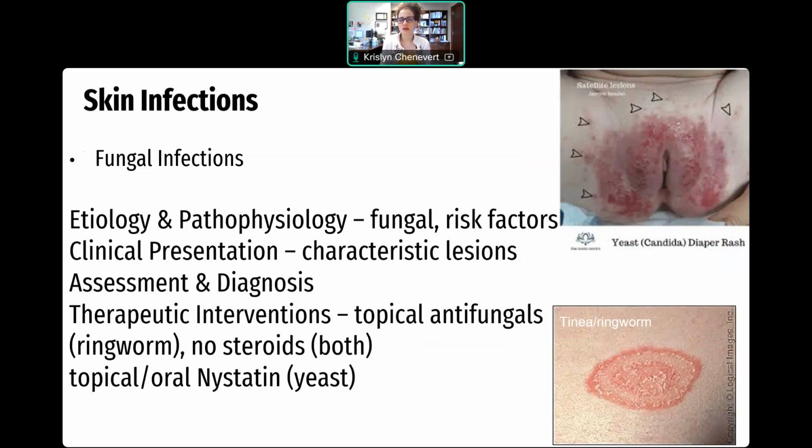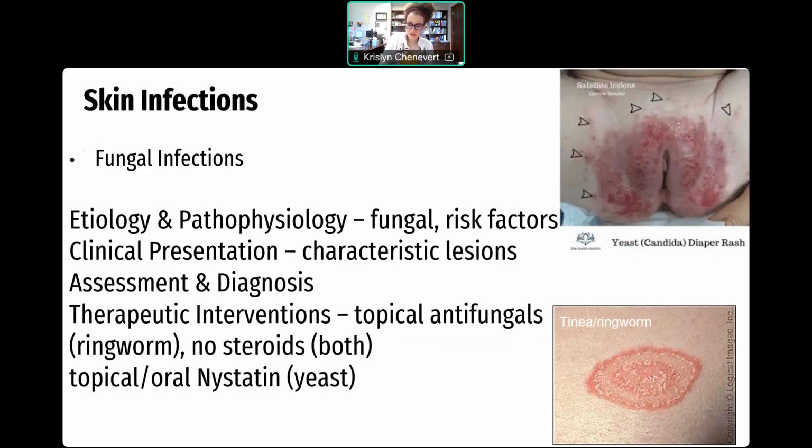So if you can think, this is why diabetics are at increased risk for yeast, because they are just so sweet and have lots of sugar, right? And then also immunocompromised patients, we're going to see an increased incidence of yeast infections just because their immune system lacks the normal flora to keep those yeast organisms at bay.